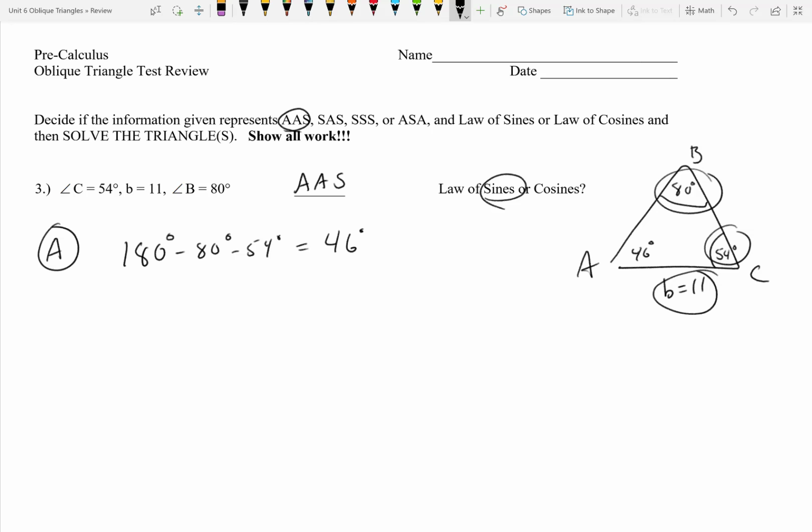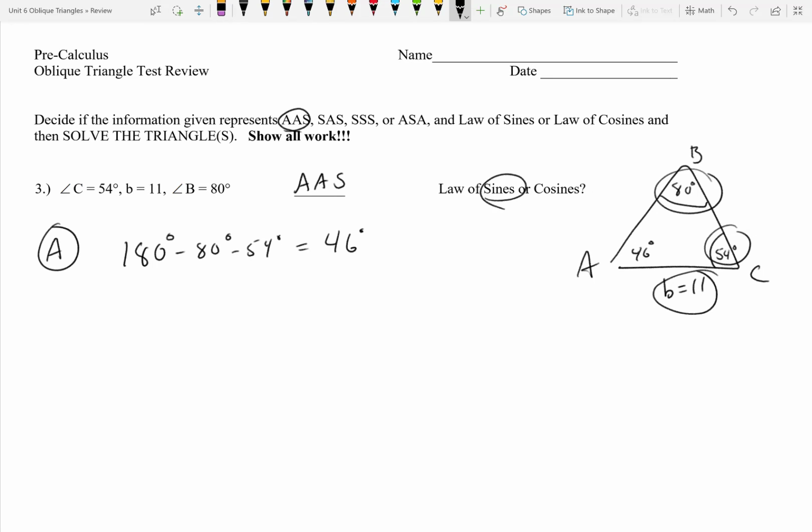So 46 degrees. We now know all three angles. We have the pair, both angle and side length for B, so we'll use that as our proportion and solve for the other two. We'll start with side A.